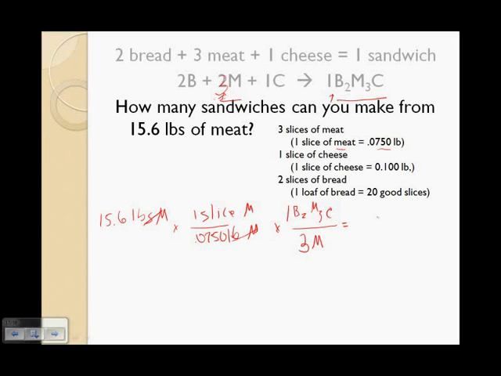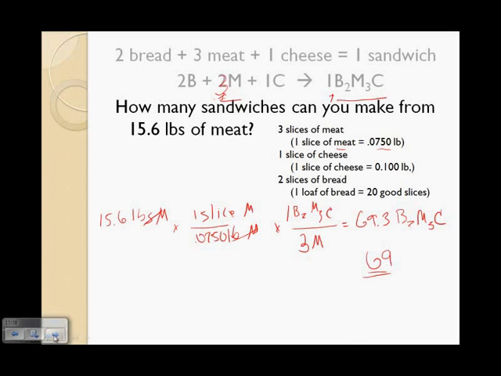And if I divide that by 3, I can make 69.3 sandwiches, bread, meat, cheese sandwiches. And of course, I'm really going to make 69 because I'm not going to make a third of a sandwich.